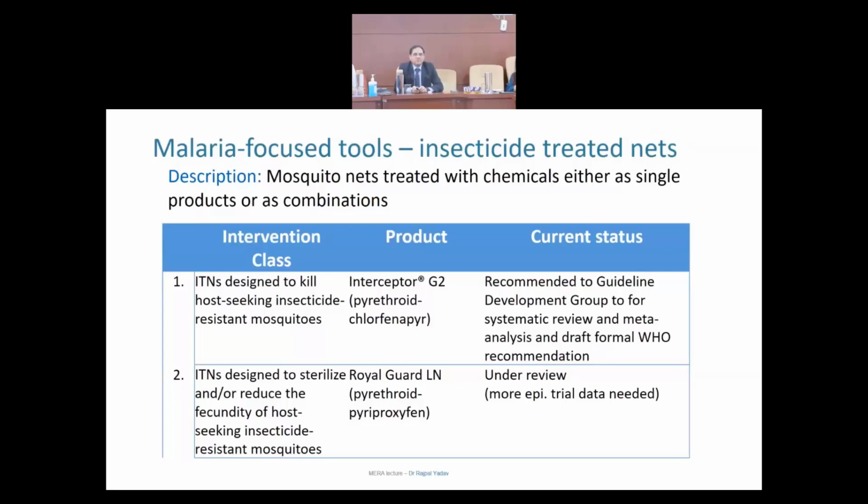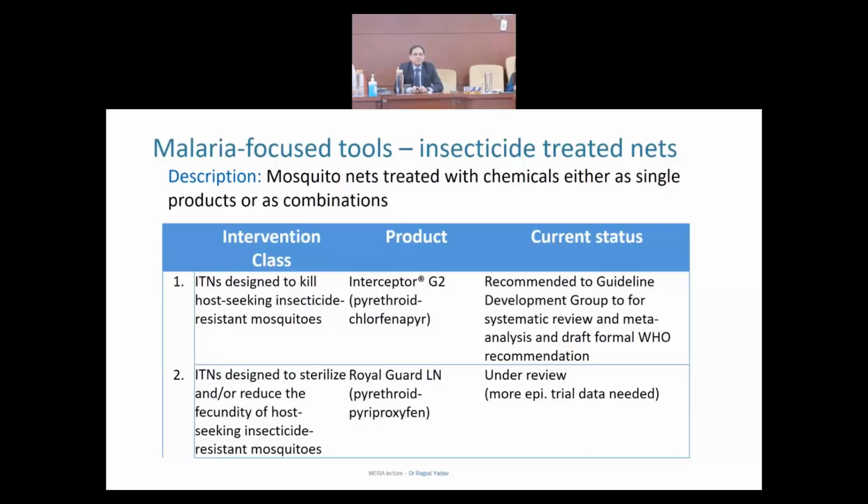This product is called Intercept G2, and it has a pyrethroid, alpha-cypermethrin, as an active ingredient, plus chlorfenapyr, a compound with a new mode of action. This product was pre-qualified after WHO pesticide evaluation as a product, but we are still awaiting... WHO was submitted data from epidemiological trials, and these trials were found to be acceptable.